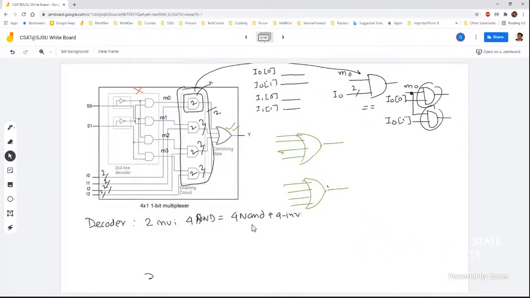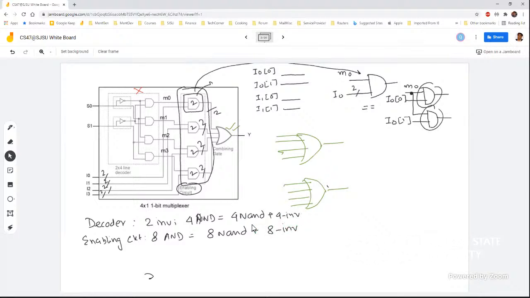Now the enabling circuit part: we have 4 individual 2 input ANDs, but each of them is composed of 2 individual AND gates. So we have a total of 8 AND. That means 8 NAND plus 8 inverter.